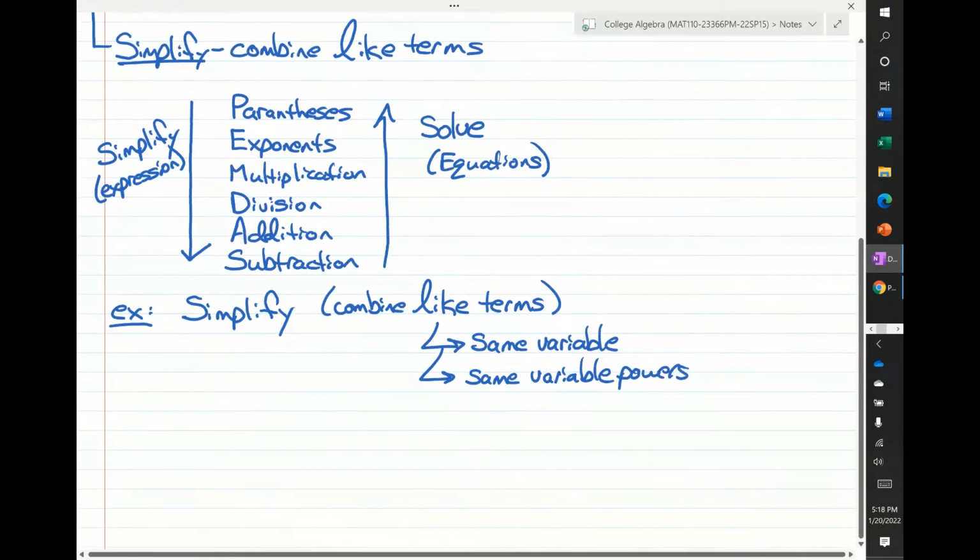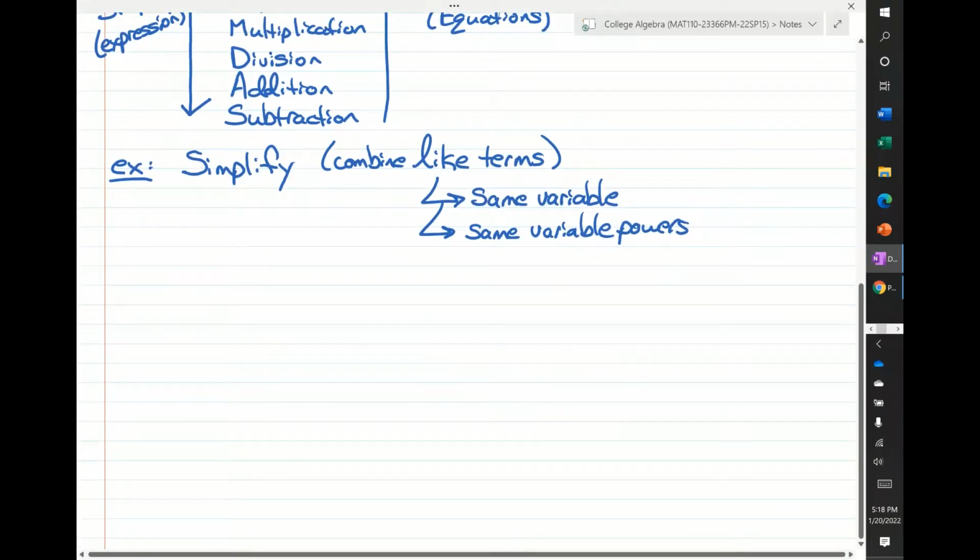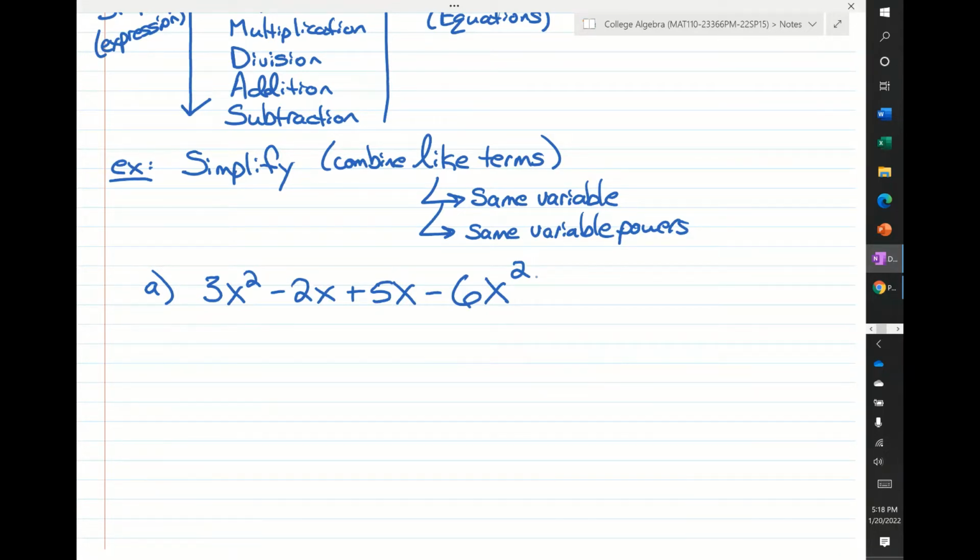So just a few examples. If I asked you to simplify 3x squared minus 2x plus 5x minus 6x to the second, that would be an example. We can't solve it. There's no equal sign.